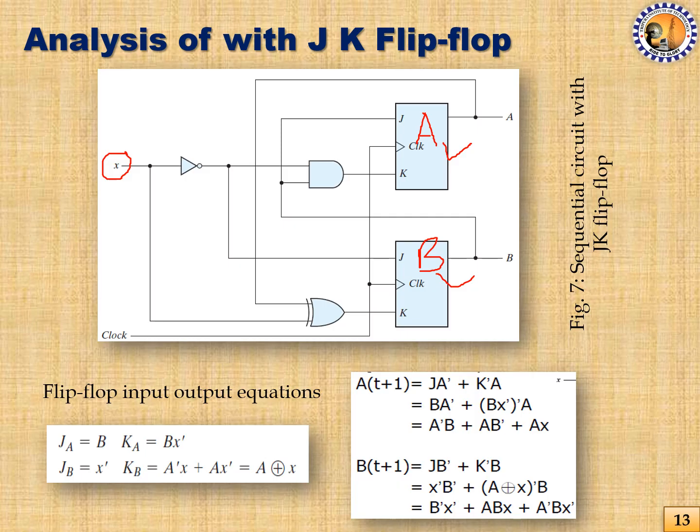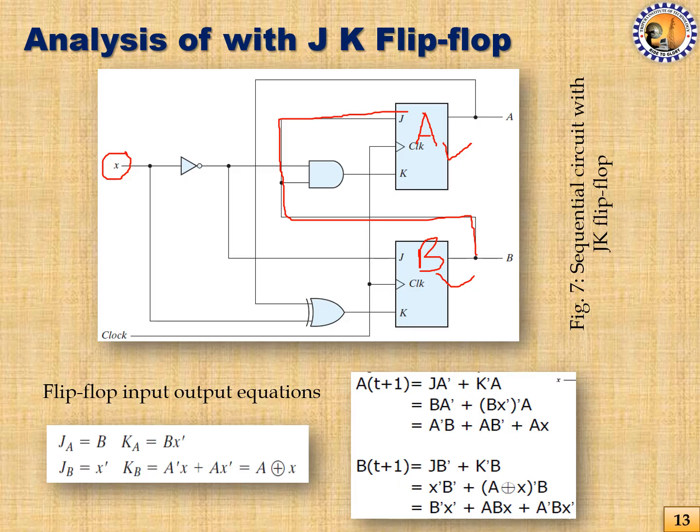A and B are our direct outputs, and here we have to see what the input conditions are. This is flip-flop A, so the flip-flop input J is attached with a subscript A. So JA is B, that means the output of the second flip-flop is connected as the input of this one, and KA is actually a combination of X bar and B.